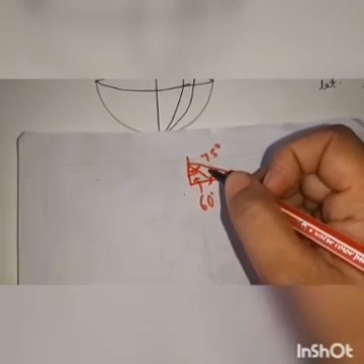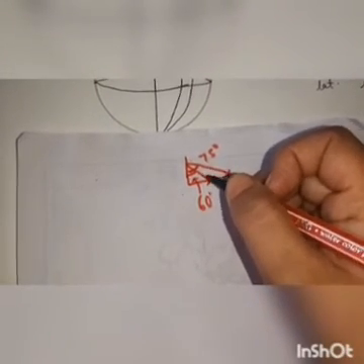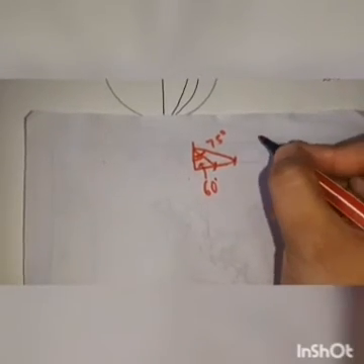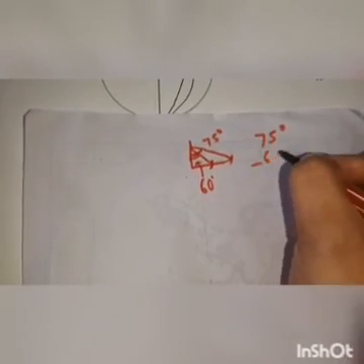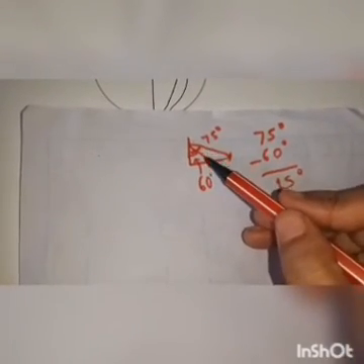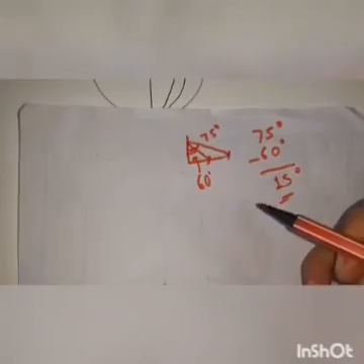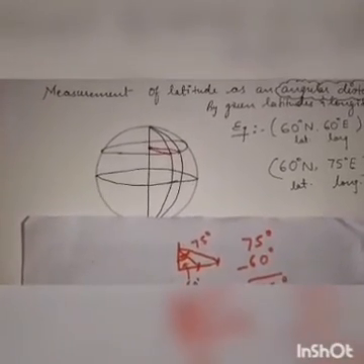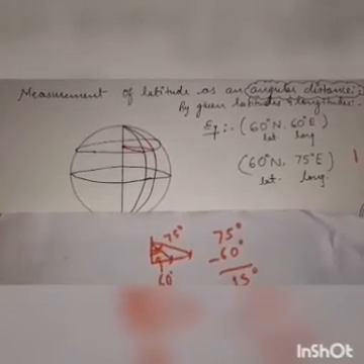Now how will we find the angular distance between these two? By subtracting 60 degree from 75 degree. 75 degree minus 60 degree, it's 15 degree. So the angular distance between these two is 15 degree. Clear? This is how we measure the latitudes as an angular distance by the given latitudes and longitudes.